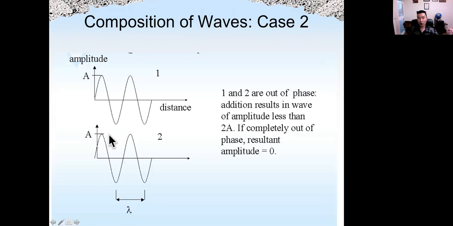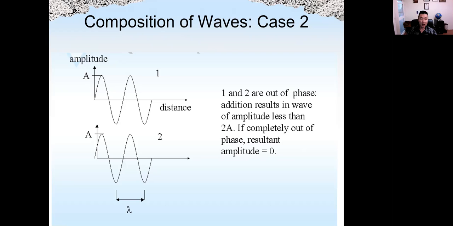In this case, wave 1 and wave 2 are out of phase. As we can see here, at distance 0, wave 1 has 0 amplitude, and wave 2 has a small amount of amplitude. In certain situations, they can be completely out of phase.